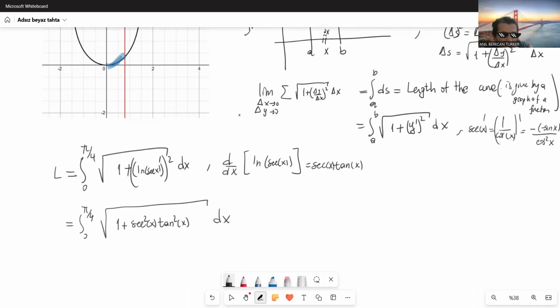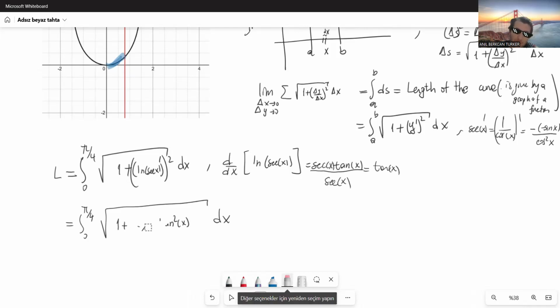Can we calculate this integral easily? By the way, it is not correct, because this is only the derivative of the inside. You need to also divide by secant x. So the derivative is just tangent x. There is no secant.